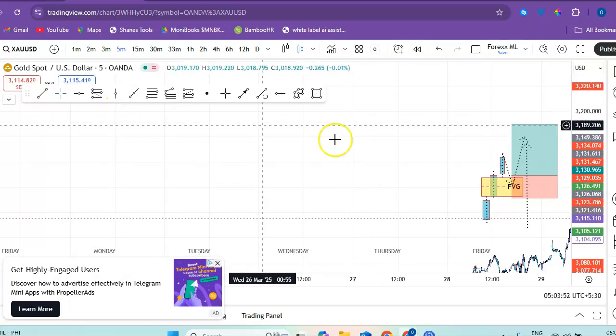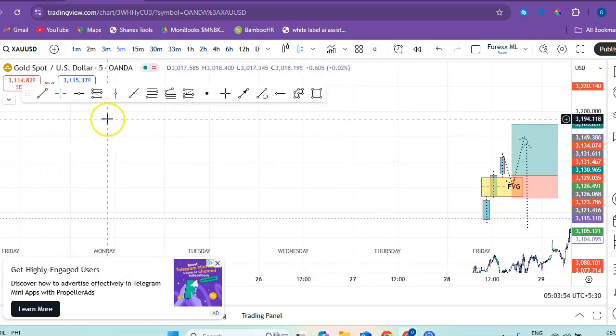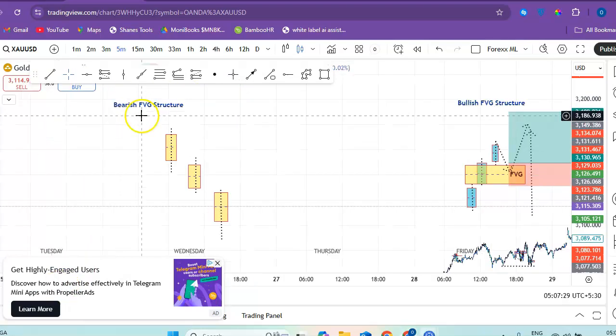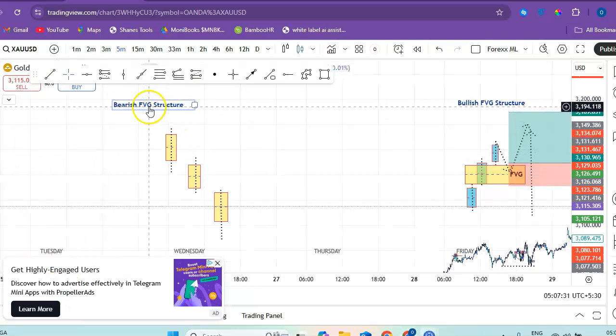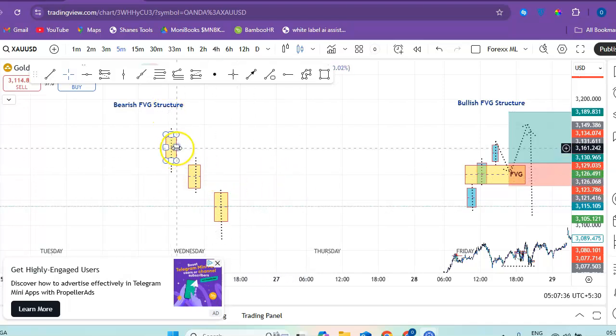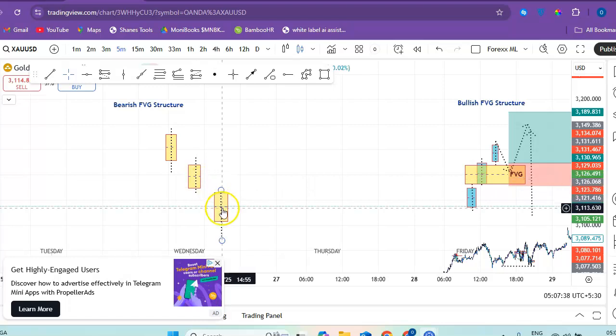Let me quickly show you what the bearish structure of a fair value gap is. So, bearish FVG structure, these are the three candles. This is the first candle, the second candle, the third candle. Again, we are going to do the same thing.